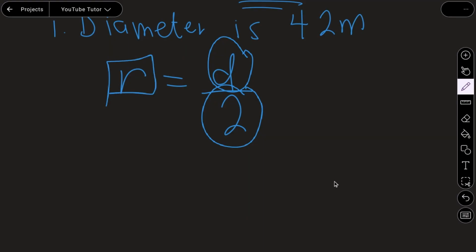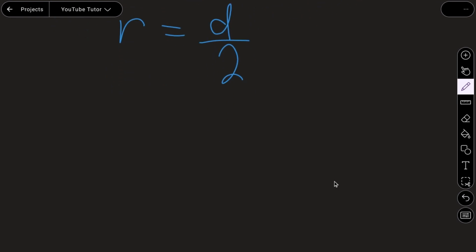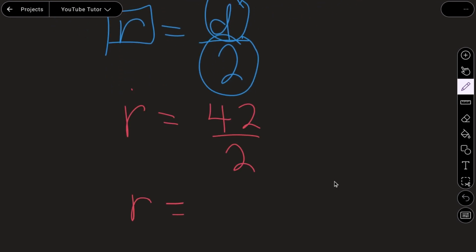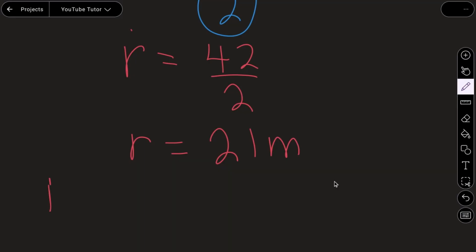So let me change the pen for more clarity. So r will be equal to what? 42 divided by 2. And now r will give us 21, which is also in meters. So we can state also that radius is 21 meters.